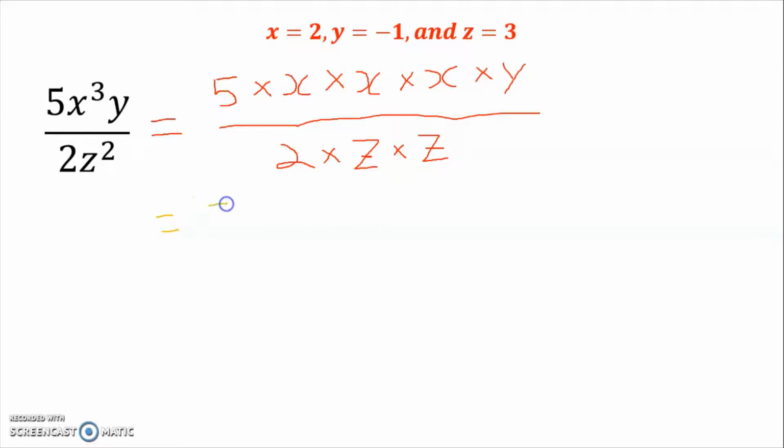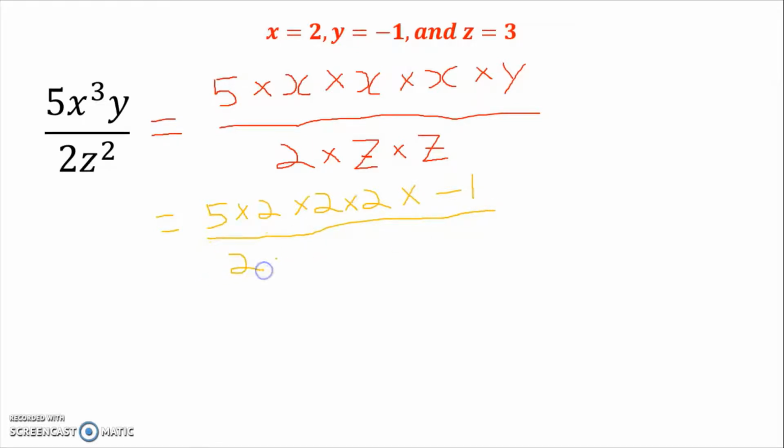5 times x equals 2, so 5 times 2 times 2 and times 2, and then we multiply that by the value for y, which is -1. We remove the y and introduce -1, and we divide all that by 2 times z.